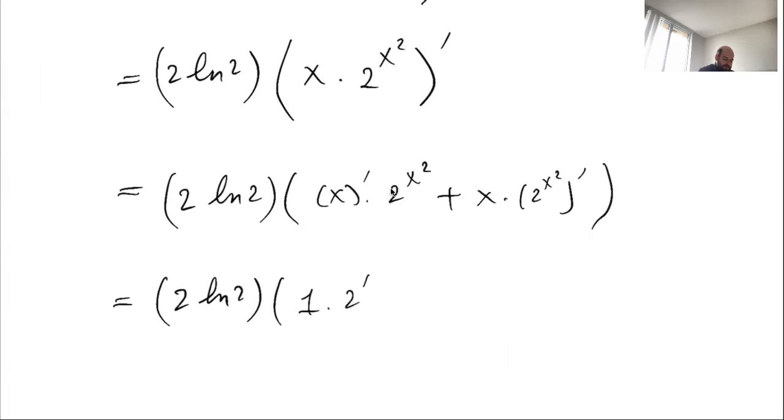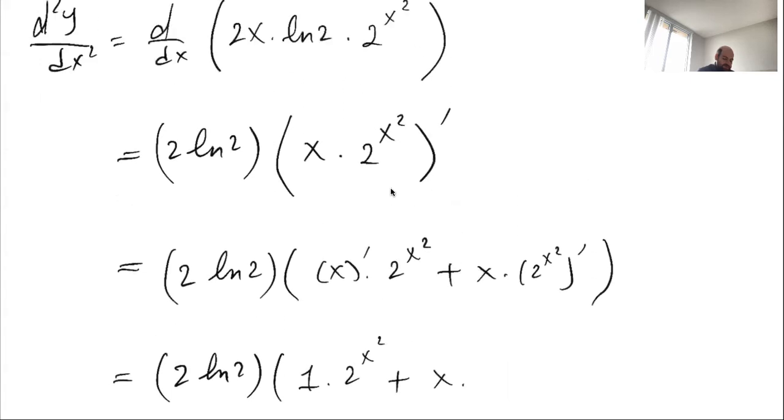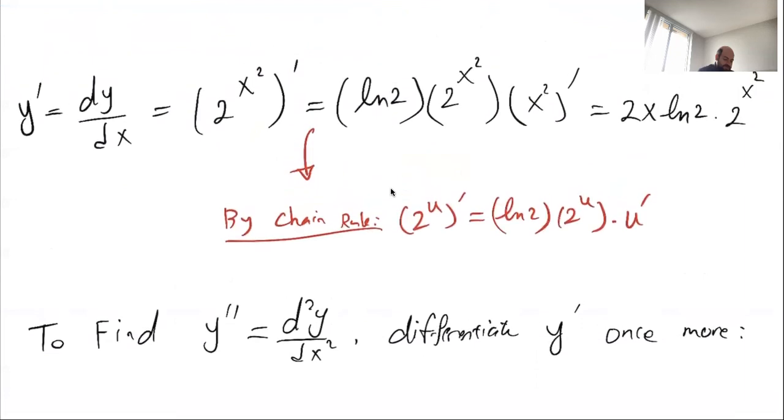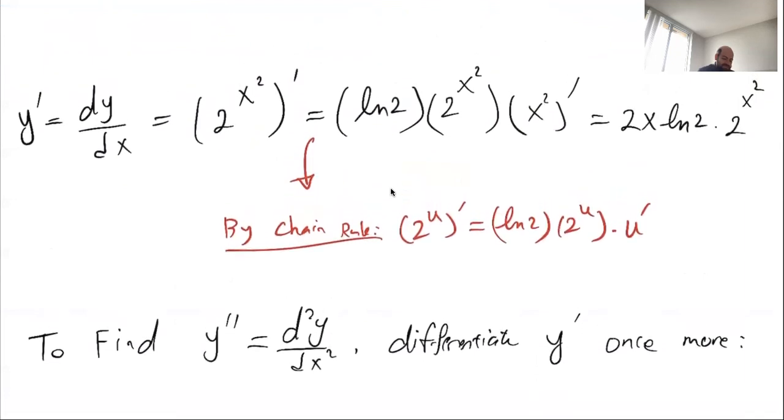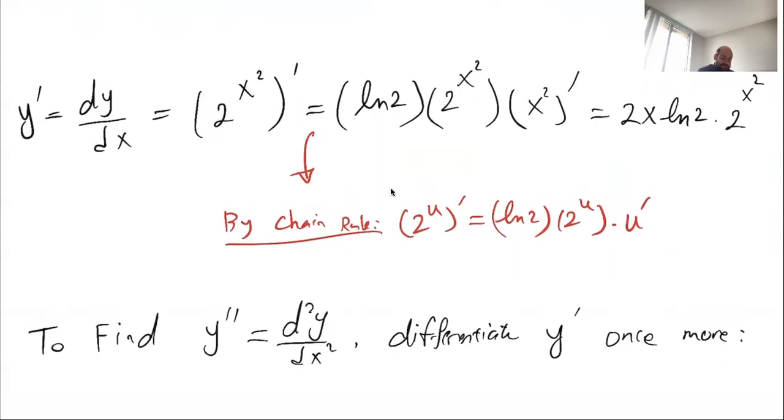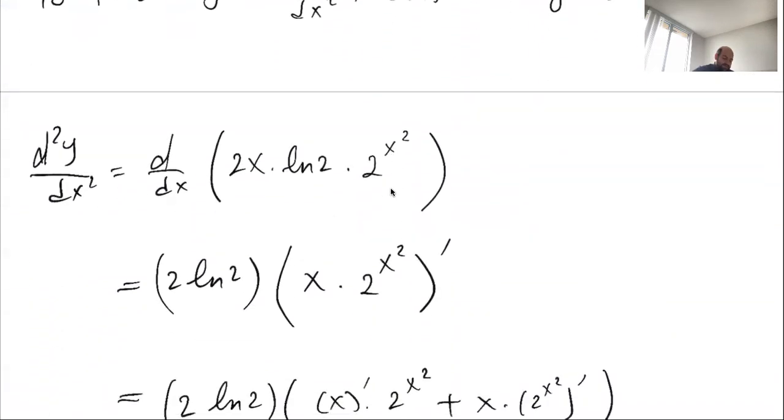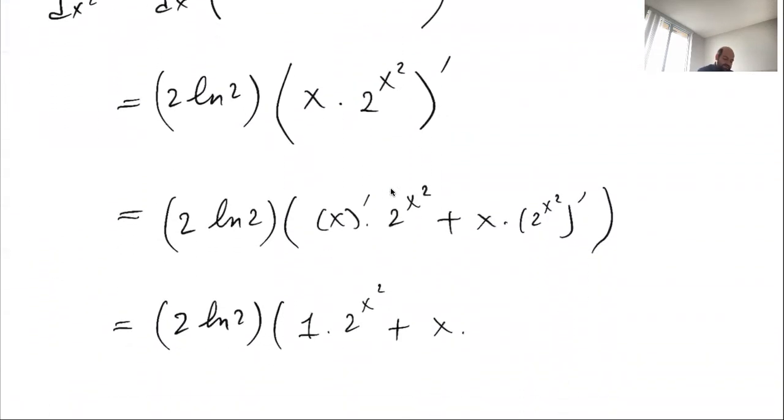So 1 times 2 to power x squared plus x times the derivative of 2 to power x squared. We just calculated that here, right? The derivative of 2 to power x squared is 2x ln2 times 2 to power x squared. We already calculated it, and that's exactly what we need here.